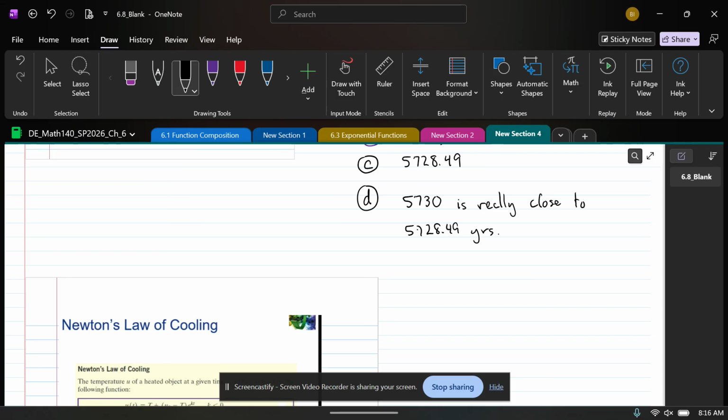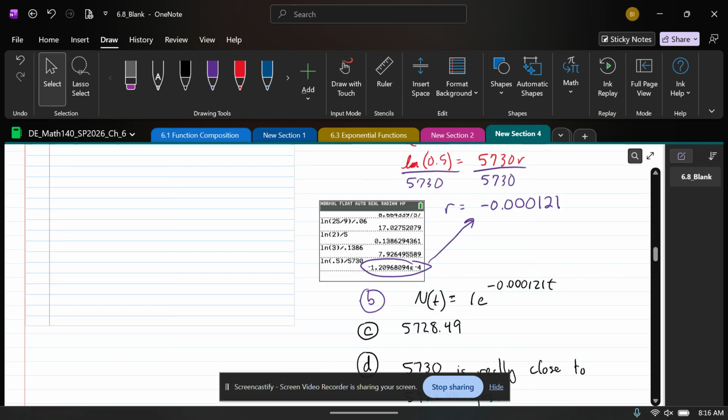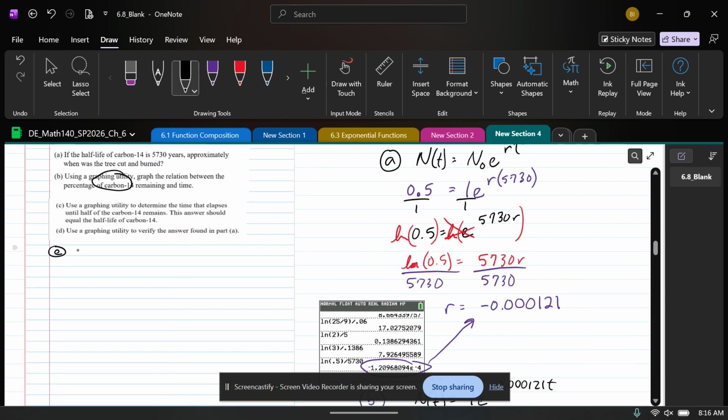Now, if they wanted us to find out how old this piece was, so I'm going to add an E part to this. Okay, E part, how old is the wood.